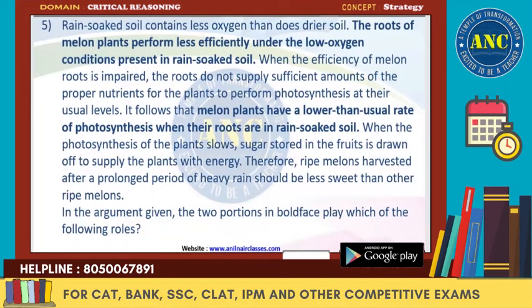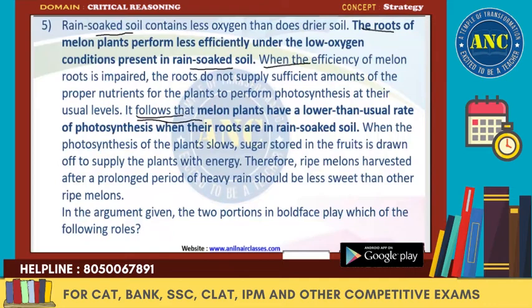Okay. And before we get to the options, the very first statement, rain-soaked soil contains less oxygen than does drier soil. That's a fact. The roots, this first bold statement, until rain-soaked soil, again, fact. When the efficiency of melon, fact. But when you say it follows that melon plants, it's double-lined, that means it's a sub-conclusion.